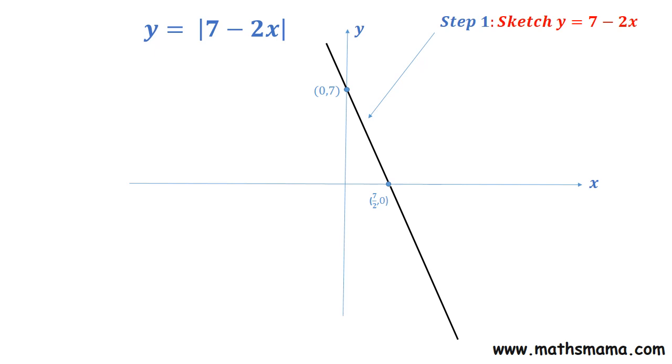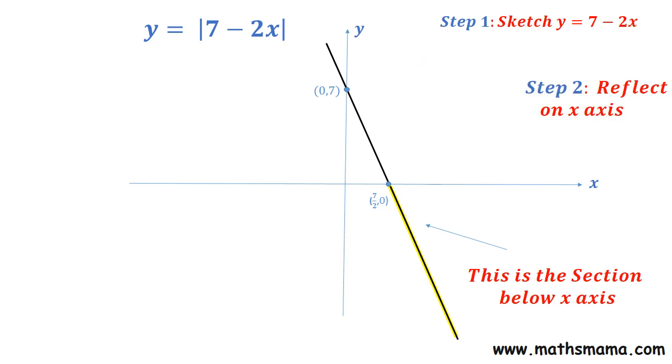In step 2, we have to identify the section which is below the x-axis and then flip or reflect it on the x-axis. Why are we flipping this? Because for the modulus function there shouldn't be any negative value. The function which is below the x-axis means those are the negative y values.